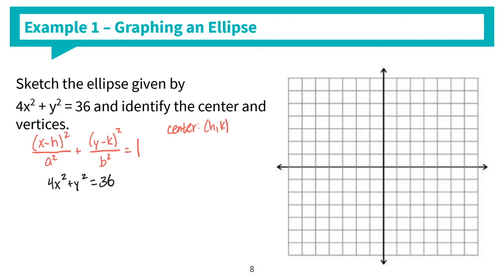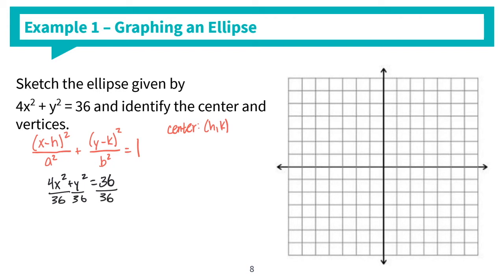Because we don't have an overly complicated equation to start with, really the only thing we need to do is make sure that this equation is equal to 1, because that's what standard form looks like. So I'm going to divide everything by 36, because that's what's going to give me a 1 on the right side.